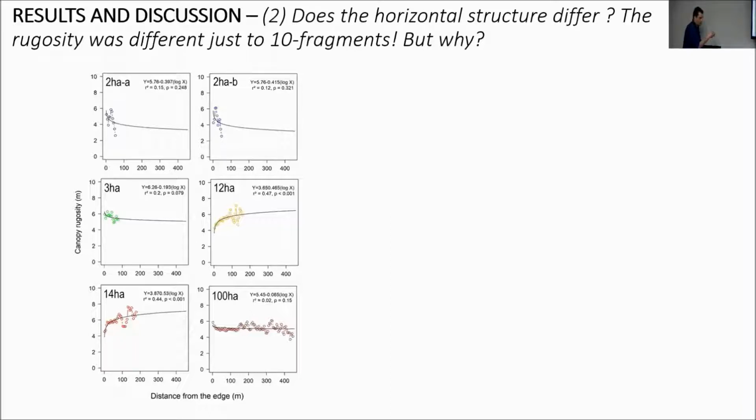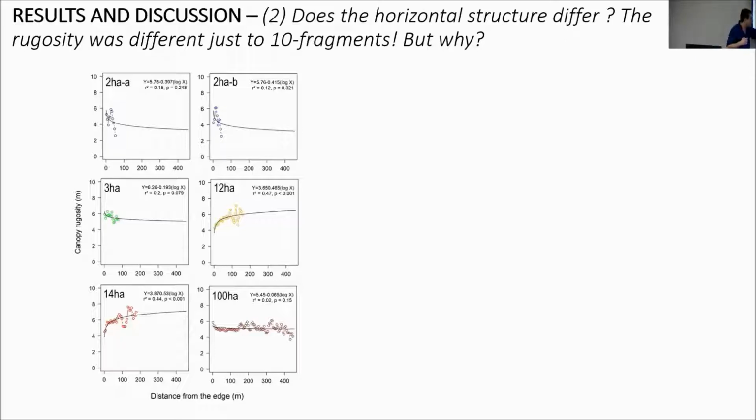The interior of the forest protects the edge, but not too much. There's an effect of the edge, but the interior was not so damaged. Because the edge is different from the interior, we have some mortality at the edge, but interiors still have some huge emergent trees, so the rugosity is different.